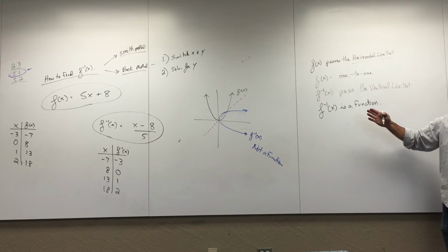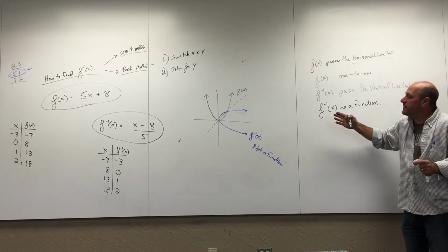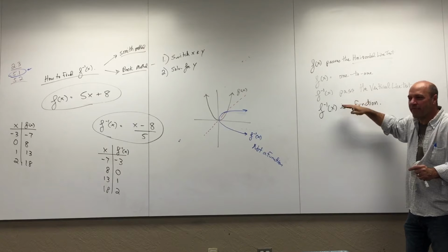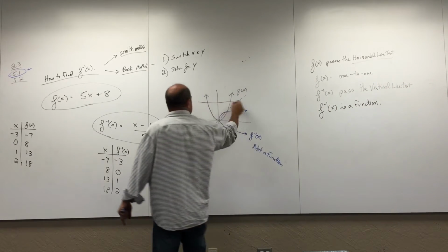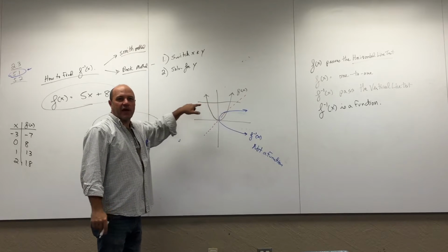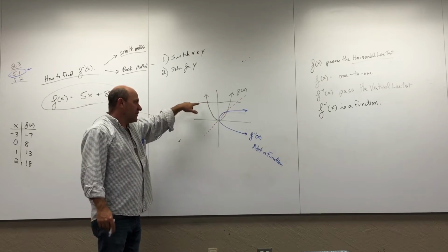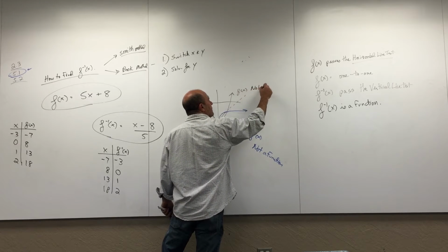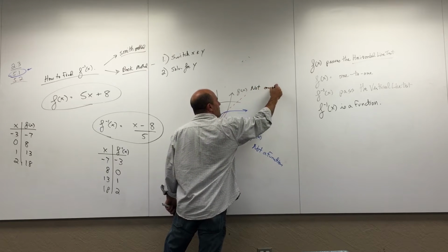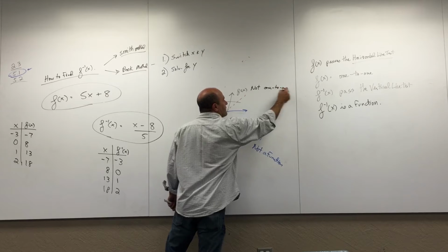I'm not sure how much I'm going to ask you about that, but your homework might worry about that. Is it 1-to-1? It's not hard. It's very visual. Does it pass the horizontal line test or not? This one is no. This one is not 1-to-1. What does 1-to-1 mean? Passes the horizontal line test.